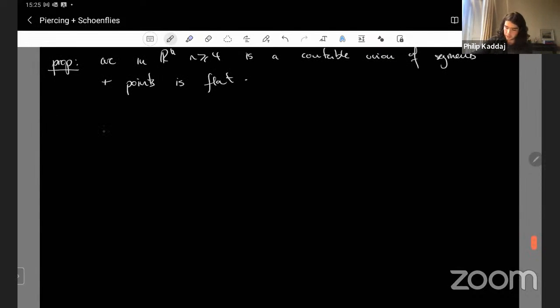So the idea is the following. So we find a line L that intersects the arc in one point, and any parallel translation of it will also intersect A in at most one point.